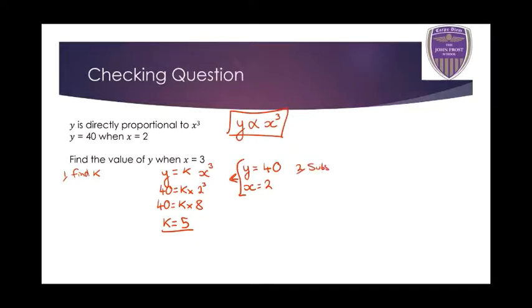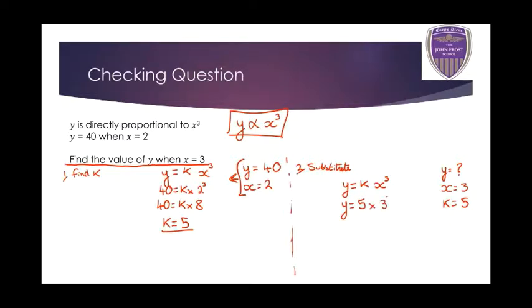Next, we need to substitute the new values for the question into it. So what are these new values? Well, first we need to find the value of y when x is equal to 3. So y equals unknown, we don't know what y is, that's what the question is. x is equal to 3, and we know the constant k is now 5. So here's our formula again, y equals k x cubed. y is equal to k is 5 and x is 3, so 3 cubed.